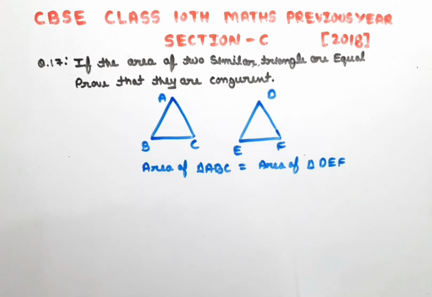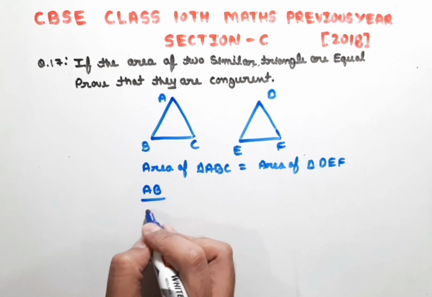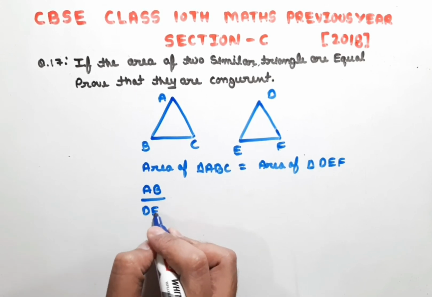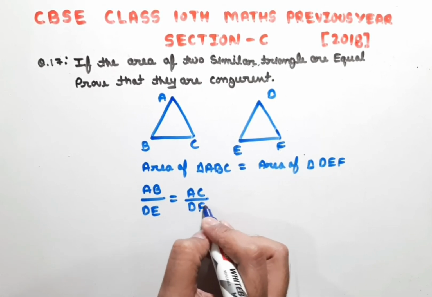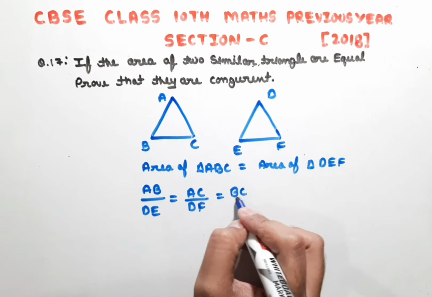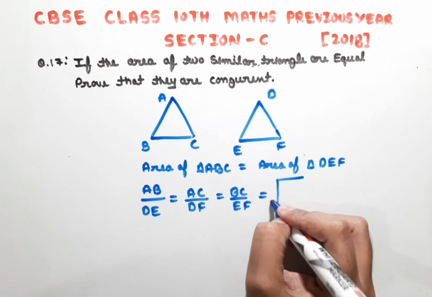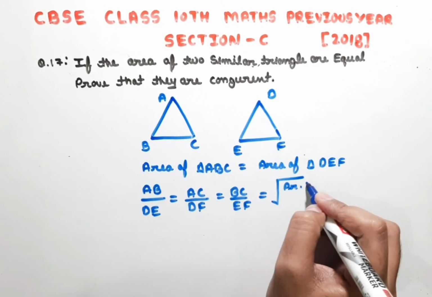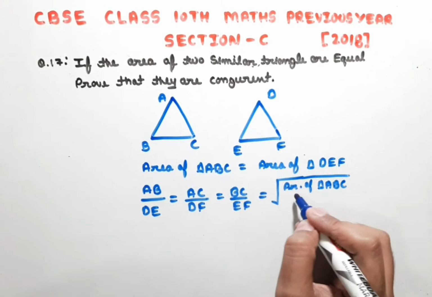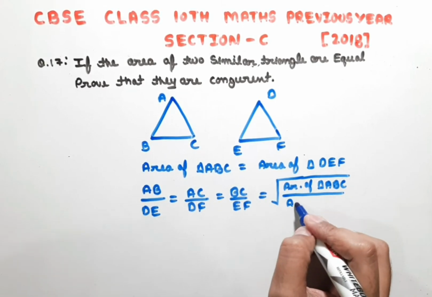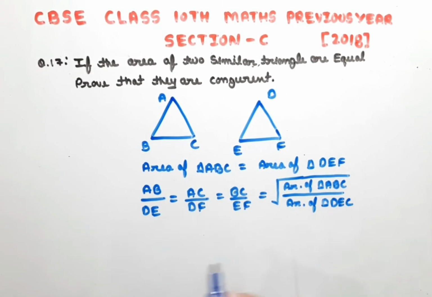Since both the triangles are similar, the ratio of corresponding sides AB upon DE will be equal to AC upon DF and BC upon EF. That will be equal to under root area of triangle ABC upon area of triangle DEF.